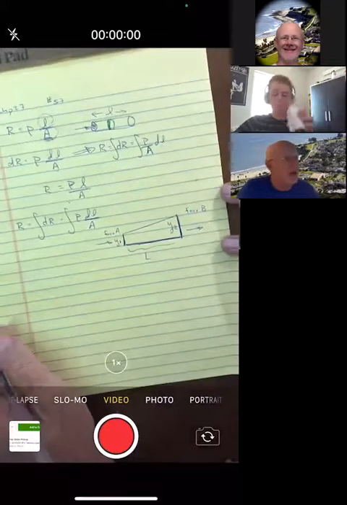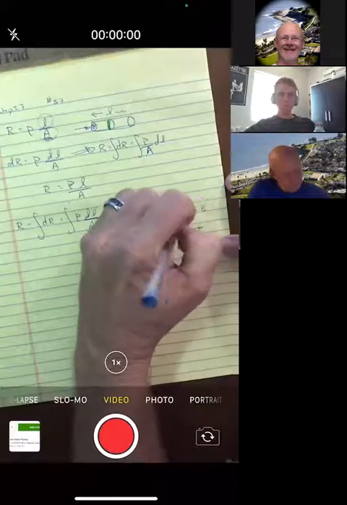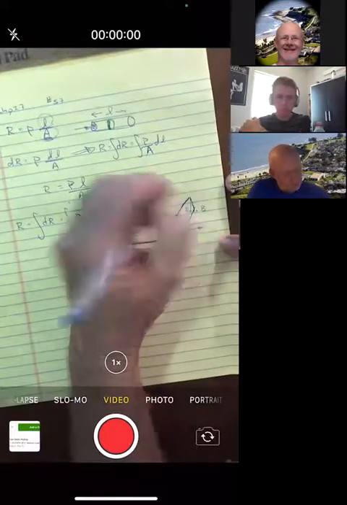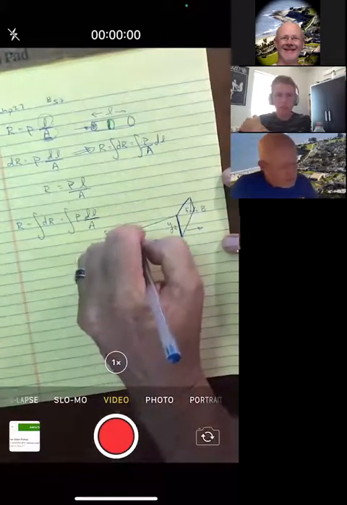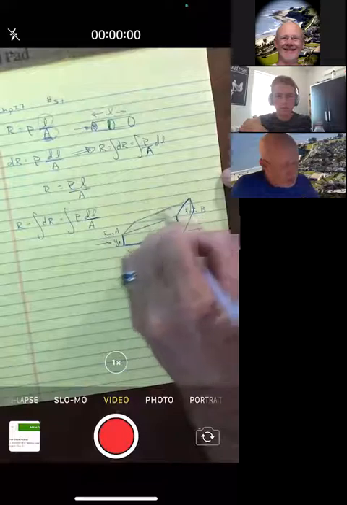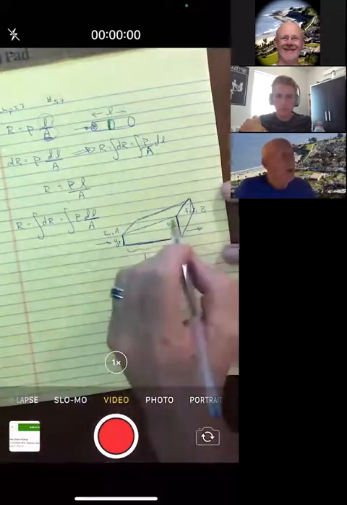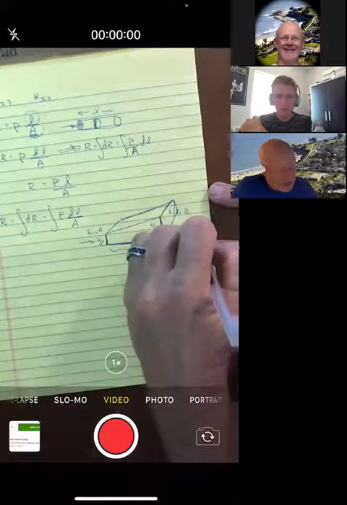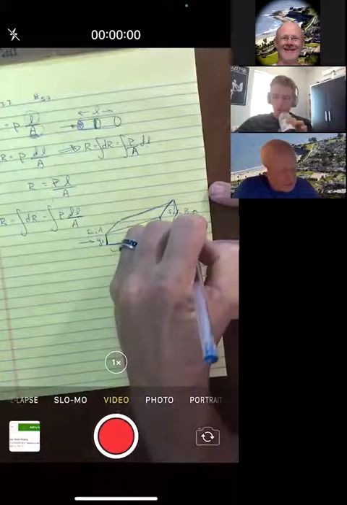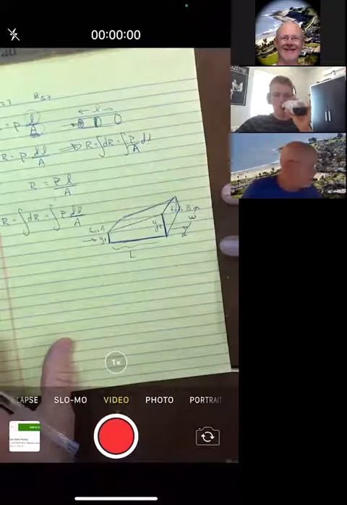Now, if I try to make my picture three-dimensional, the wedge might look something like this, where over here on face B, they say this is the width of our wedge shape.